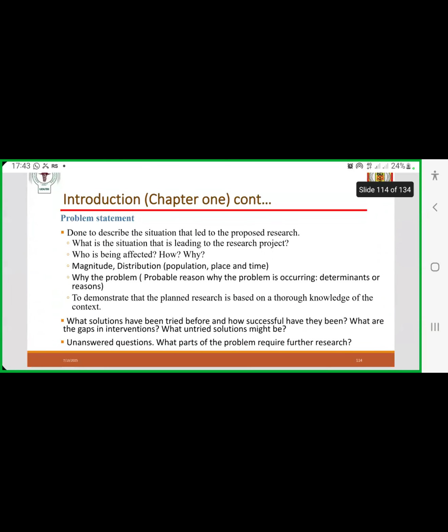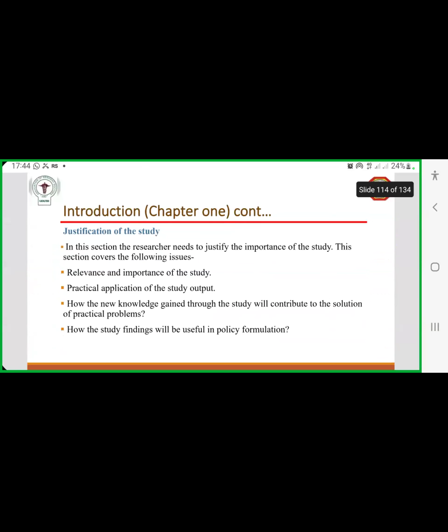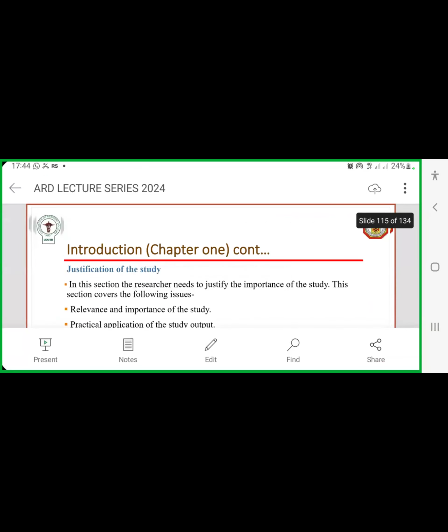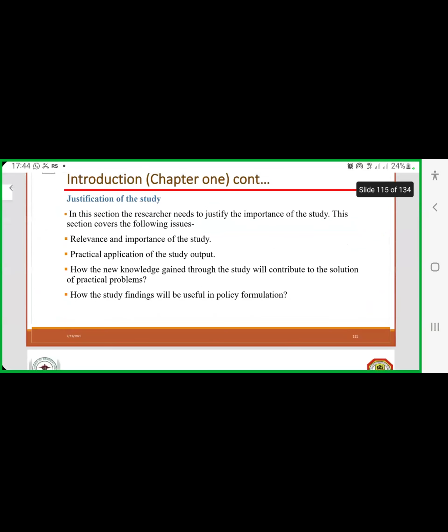Okay. The justification. We said in this section, the researcher needs to justify the importance of the study. This is the importance of this study. This is why, if the study is conducted in this environment, this is what it will bring.